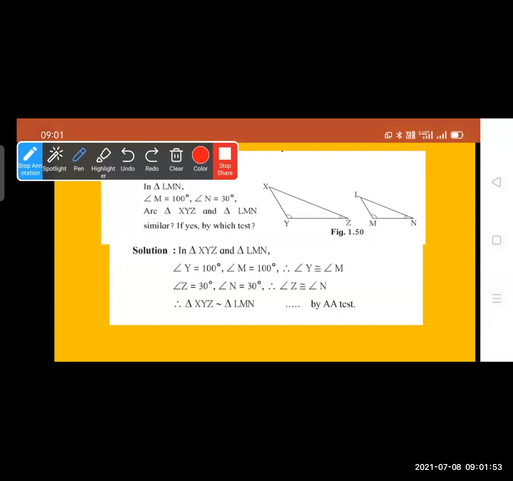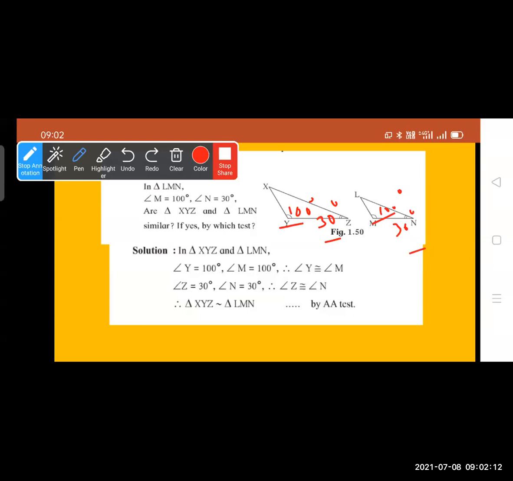First, we see the figure. In the figure, angle Y is 100 degree and angle M is also 100 degree. Okay, and this angle Z is 30 degree and angle N is 30 degree. These two angles are congruent. So first we write the solution.